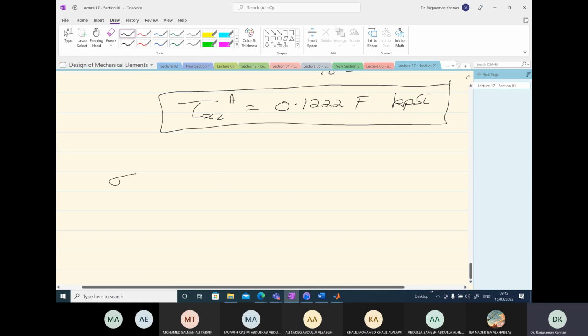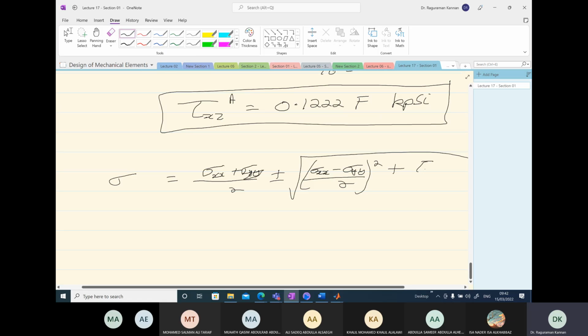Let us use the formula to figure out the sigma values: sigma xx plus zz over 2 plus or minus the square root of sigma xx minus zz over 2 the whole square plus tau xz square.